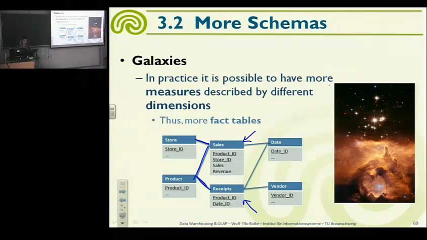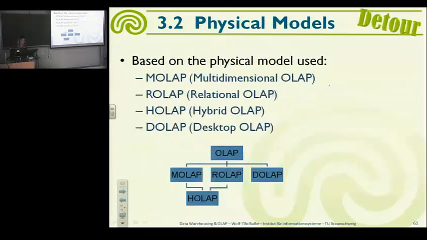So the receipts could be connected to the product dimension, and the sales could also be connected to the product dimension. And then you have this big schema, and they basically call these the galaxy. So something like combining many star schemas together, and then you have this galaxy. Very creative with the names in data warehouse.